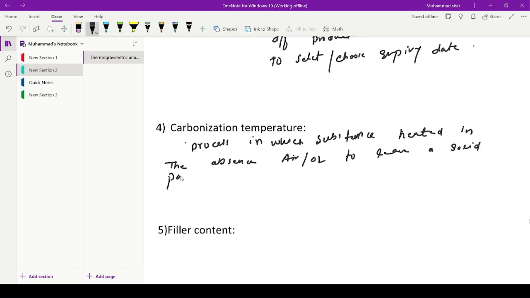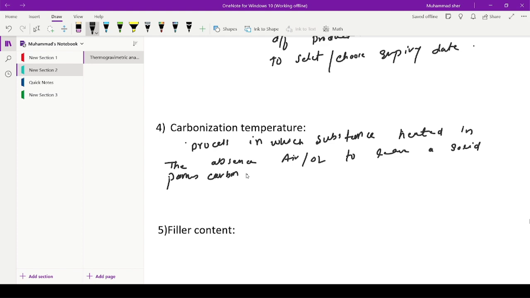Carbonization temperature is basically that temperature at which all of the constituents of a compound will be burned out except the carbon. Only carbon will be left, and all the remaining things will be burned out. So at that point, the temperature will be called the carbonization temperature.